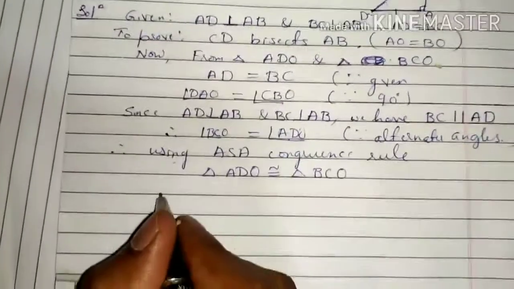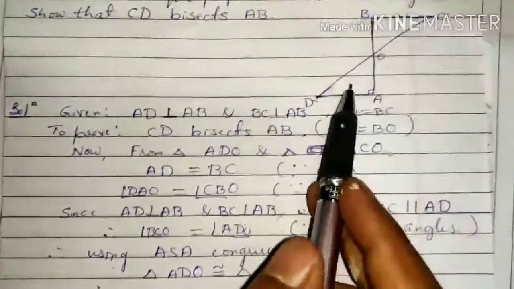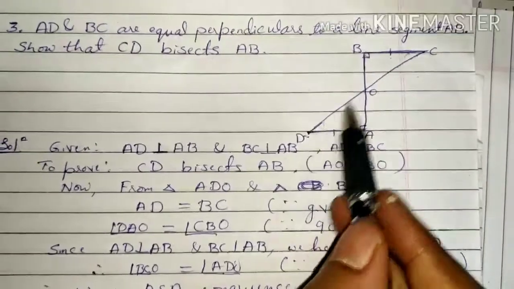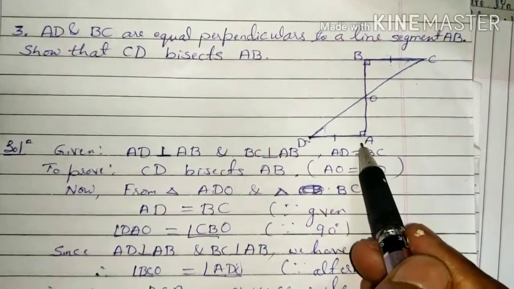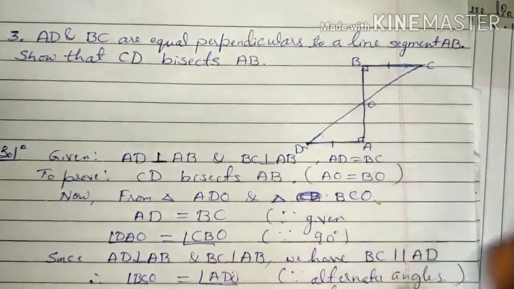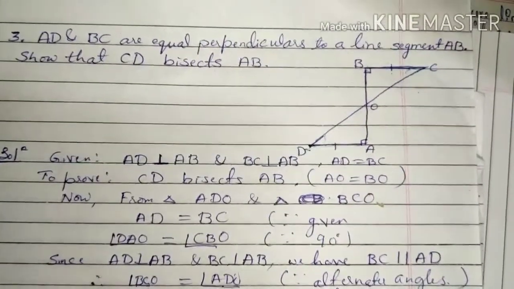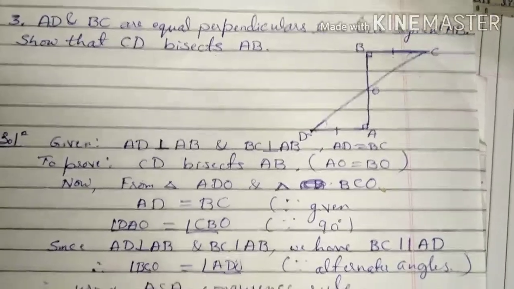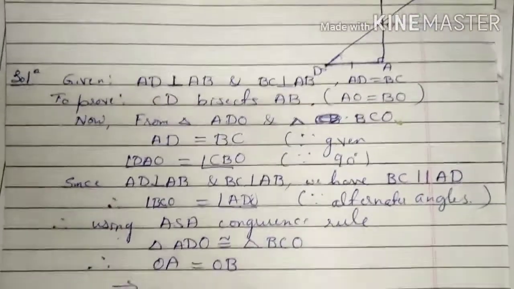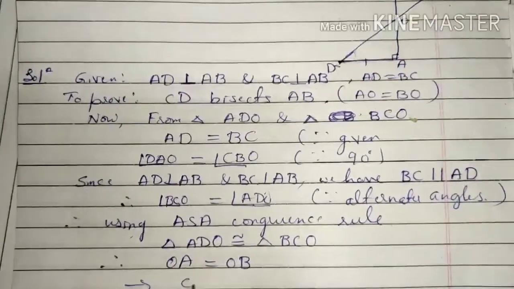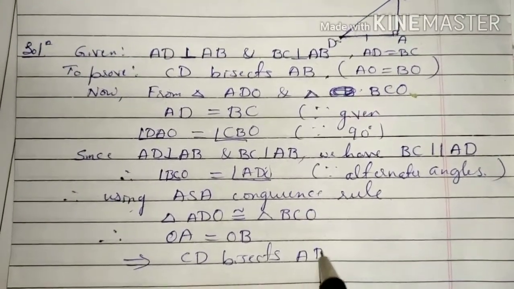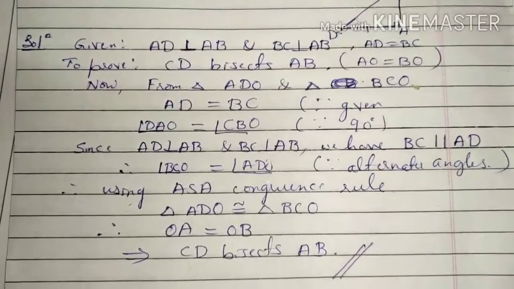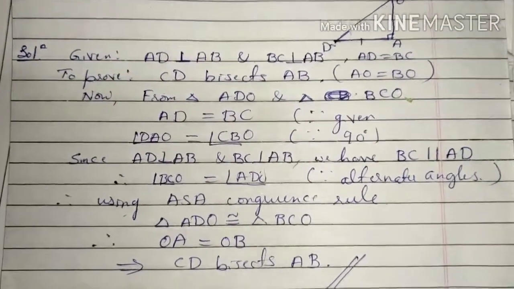So therefore what we can write using CPCT, so therefore corresponding sides OD must be equal to OC, OB must be equal to OA. Similarly AD, BC is given, so OA is equal to OB, which implies CD bisects AB. So this is how you prove the given problem.